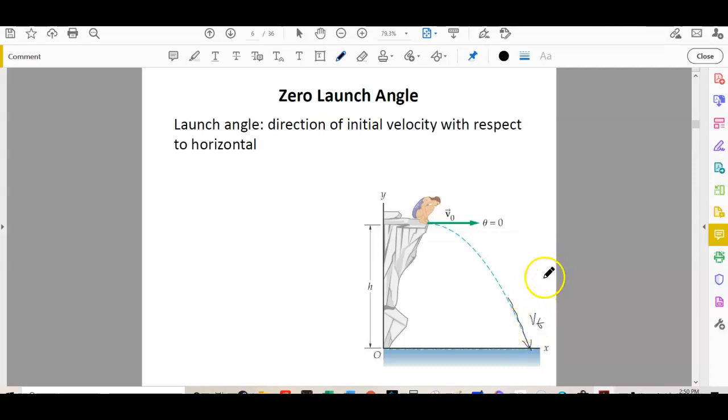We're not considering velocity after it's hit the ground, because that's not part of the projectile motion. That would be part of the impact, which is momentum stuff. We want to consider just the velocity right before it hits the ground as the final velocity, okay? It would have two components.